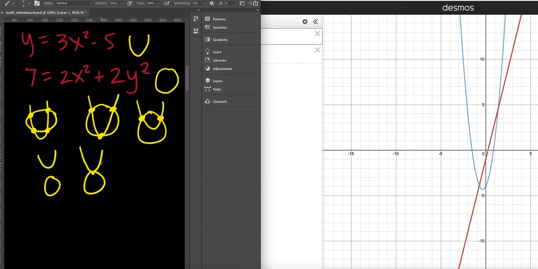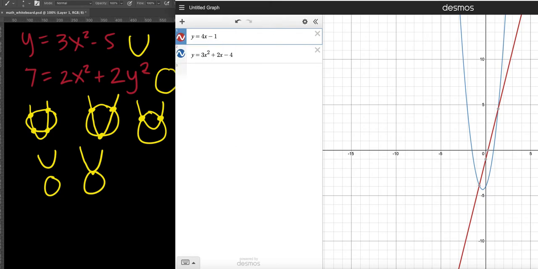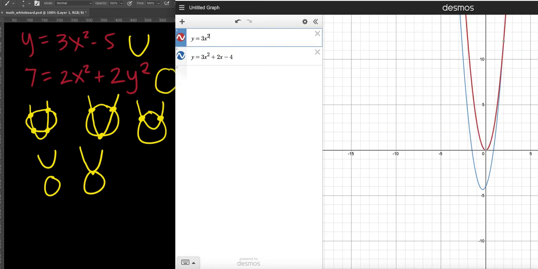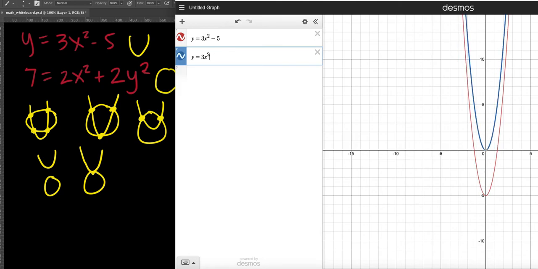So let's see which situation we have. So if we graph this, so we have 3x squared minus 5. And then we have 2x squared plus 2y squared.